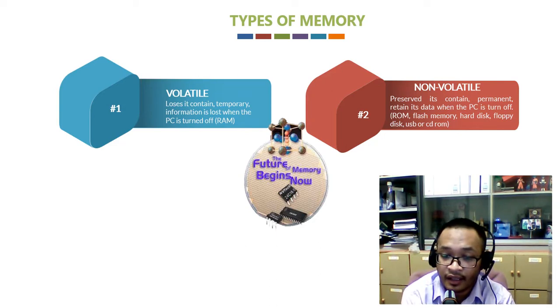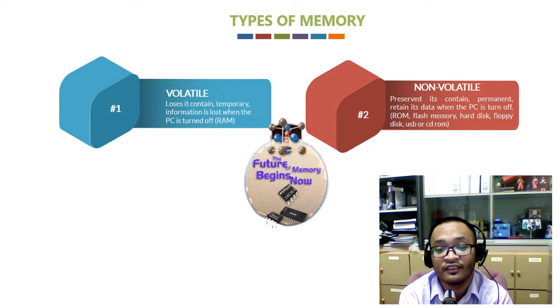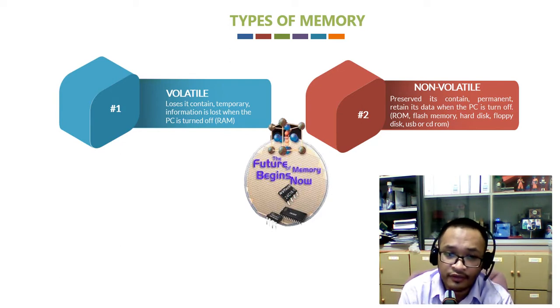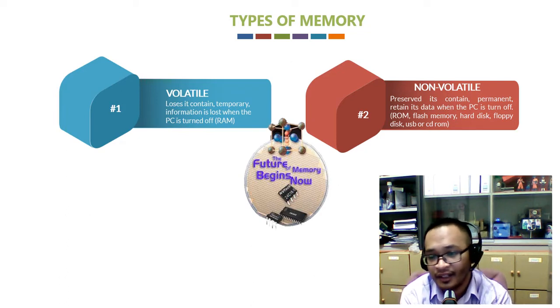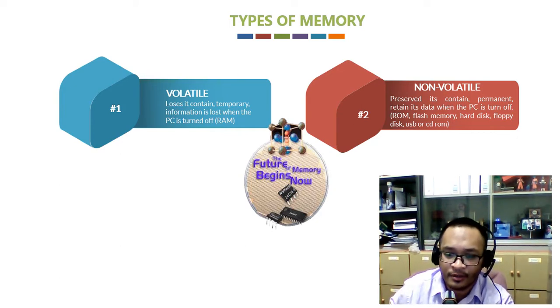The data on non-volatile memory will always be there unless we delete it. Examples of volatile memory are cache memory and our main memory, the RAM, random access memory. Examples of non-volatile memory are ROM, flash memory, hard disk, floppy disk, USB, CD-ROM, and others.